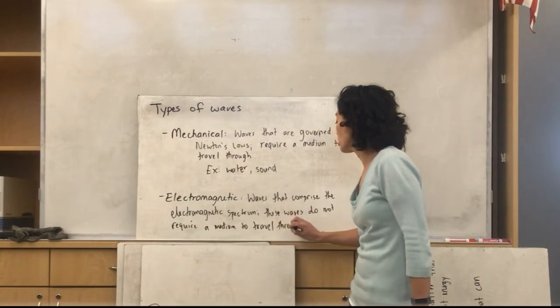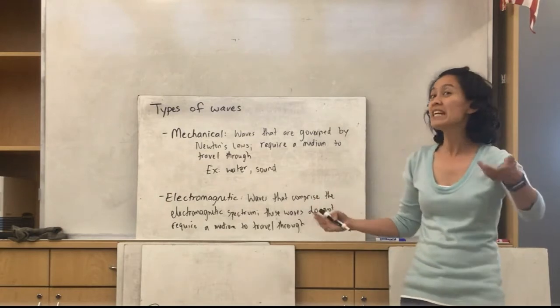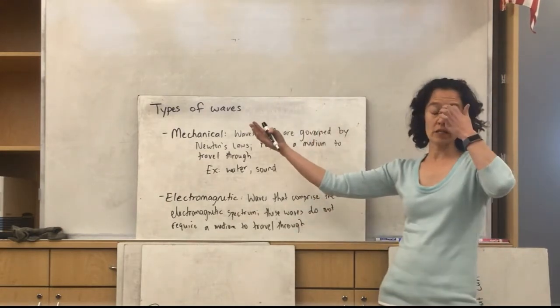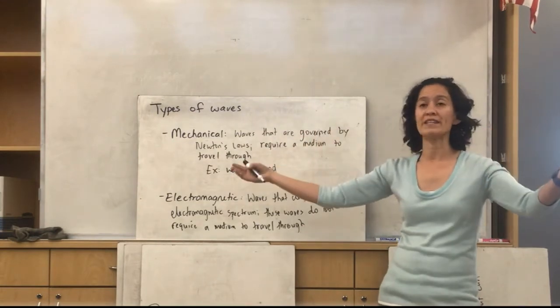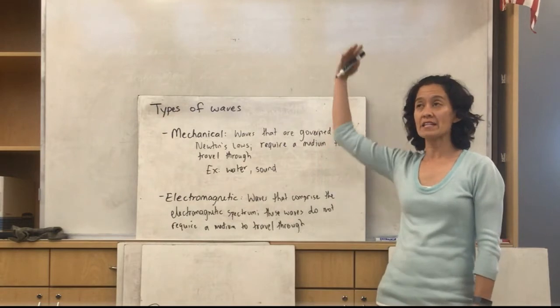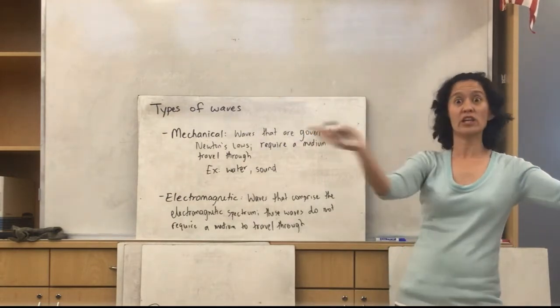They can go through a medium, like light waves can go through air, but they don't need air to get from here to there. The electromagnetic spectrum is given off by the sun. All the different waves are given off by the sun, and those waves can get from the sun to the earth with pretty much a vacuum in between.